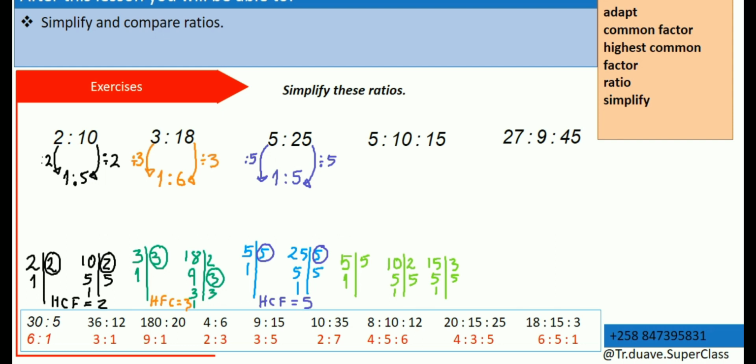We circle the number that is common in all 3 quantities, which is this number here, which means the highest common factor is equal to 5, and we're going to divide the quantities in the ratio by it.